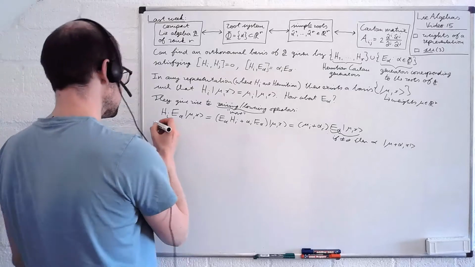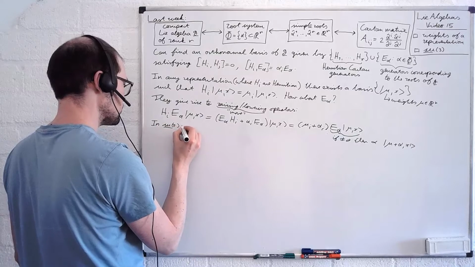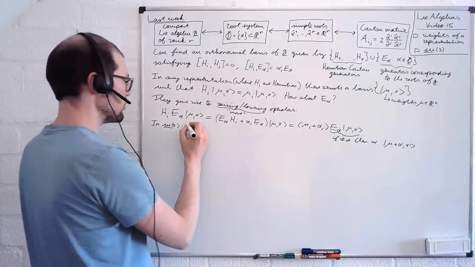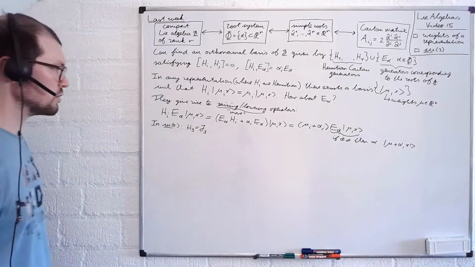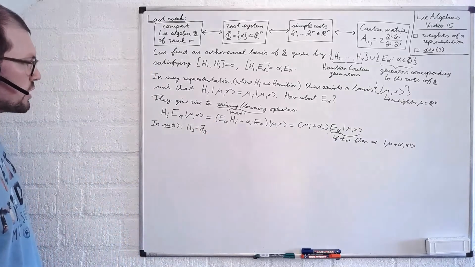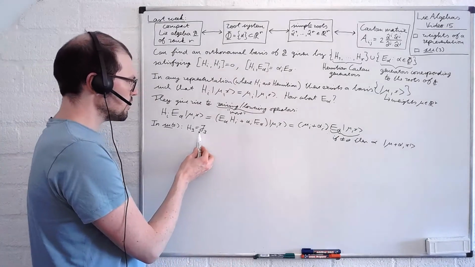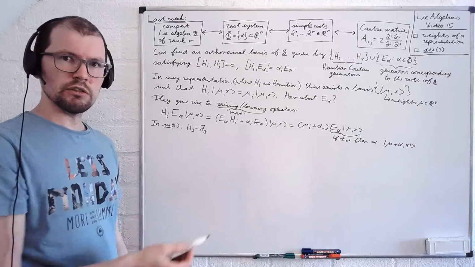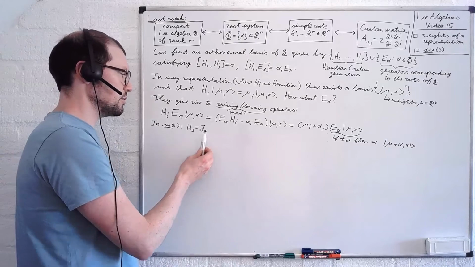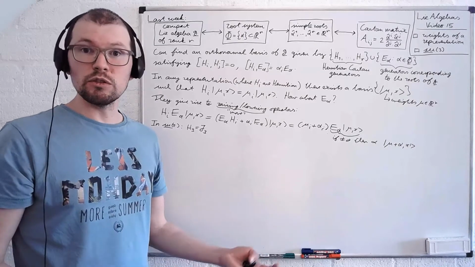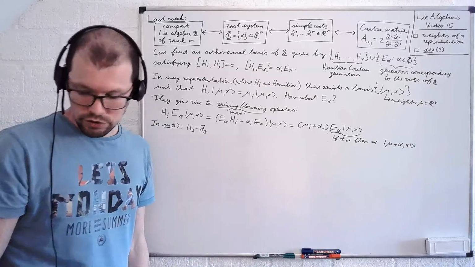So let's check in an example that we know now very well. So in SU2, remember that the Cartan generator by convention we take to be J3, the third generator. Now the eigenstates of J3 in an arbitrary representation can decompose into many spin J representations, but we know that their eigenvalues are all going to be half integers, right?